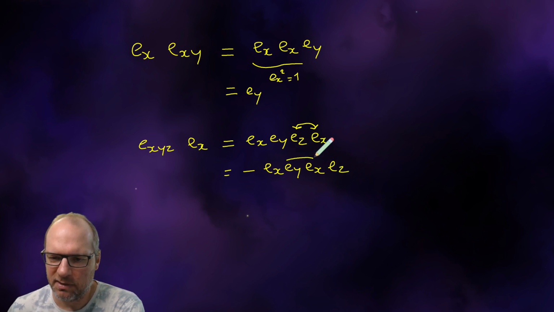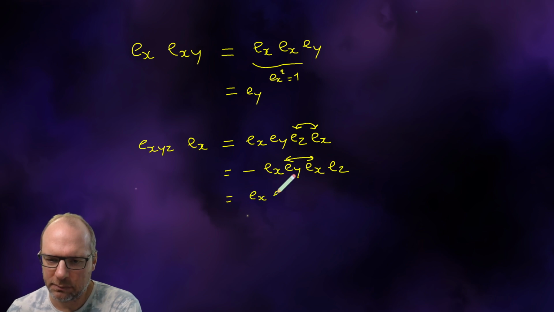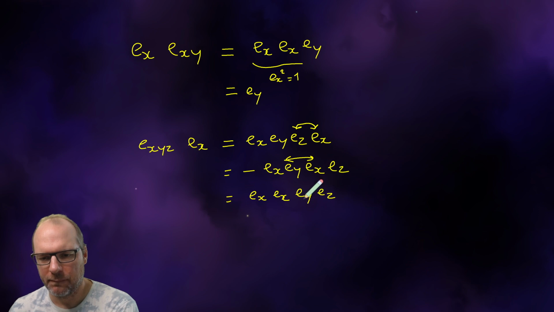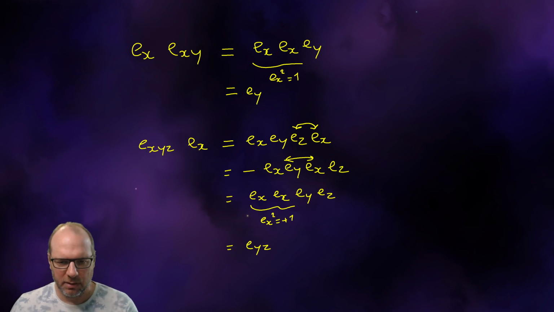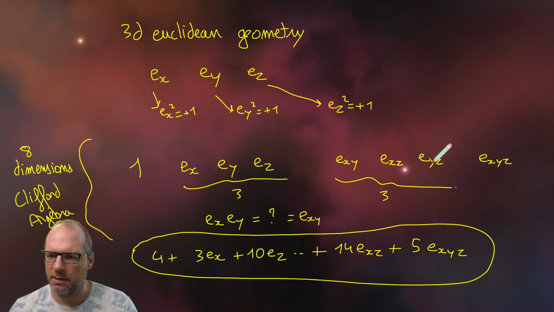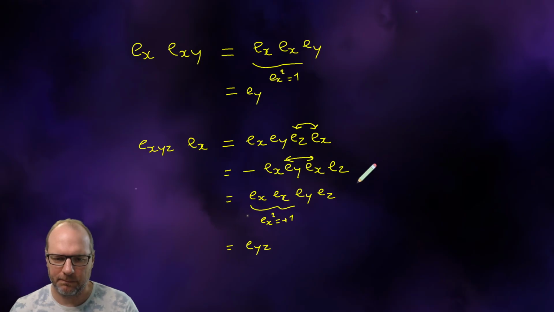And now we can swap this one, so another minus sign occurs. And this one is e sub x squared equals plus 1. We find e sub yz, but we already know this one. We have it.